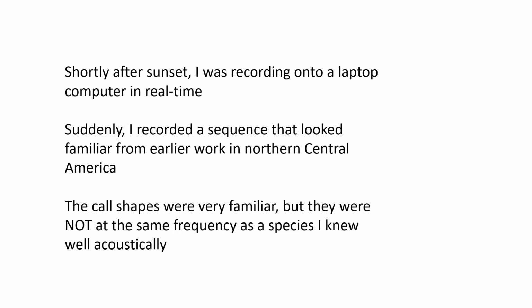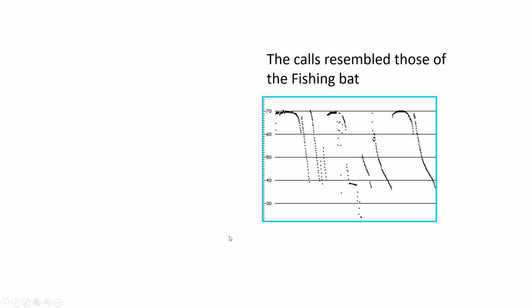Suddenly, I recorded a sequence and saved quite a few of them that looked very familiar from earlier work in Northern Central America. I recognized the shape. I went, wait a minute, I know what that is. And then I paused and went, wait a minute, I don't know what it is because it's not at the same frequency as a species I knew extremely well.